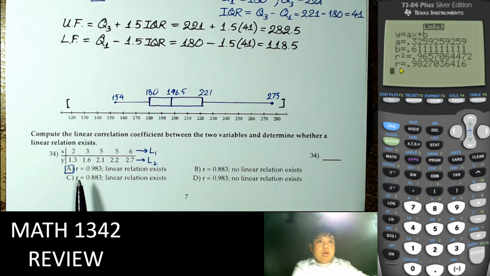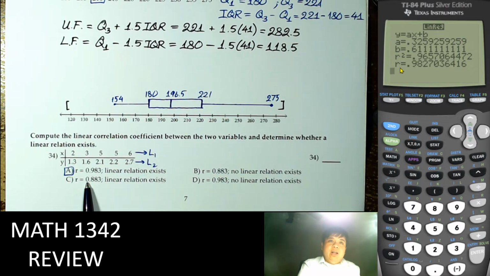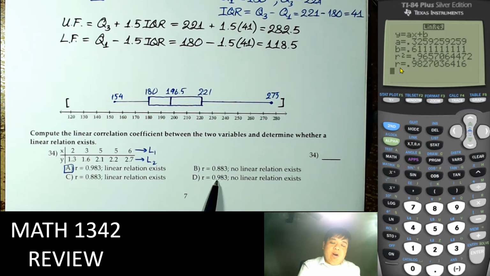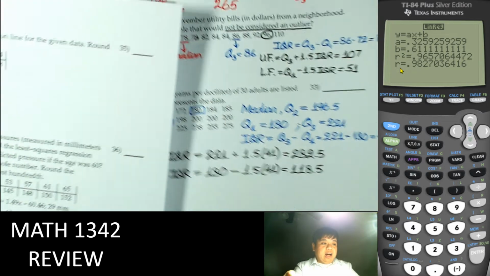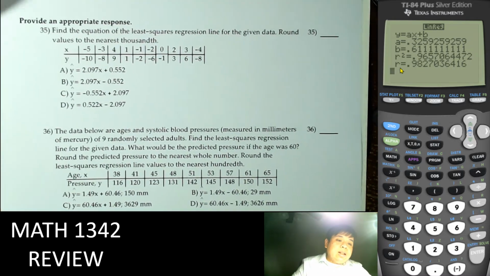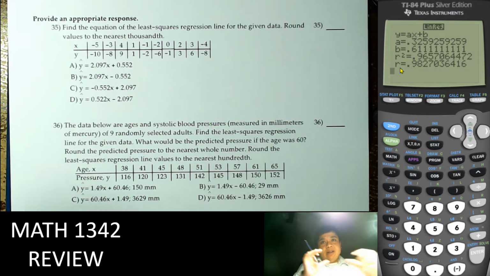This number is always between -1 and 1, but the closer it is to -1 or 1, the better the relation is. So we choose that. Not only that, we can certainly tell the data are related.